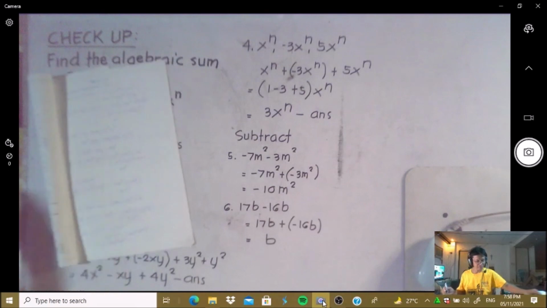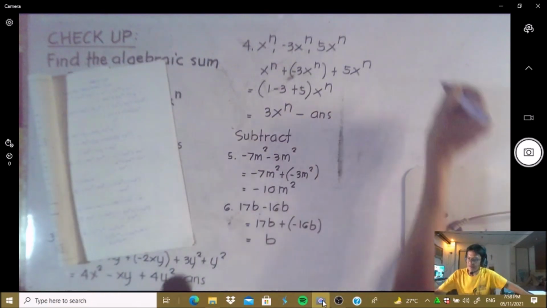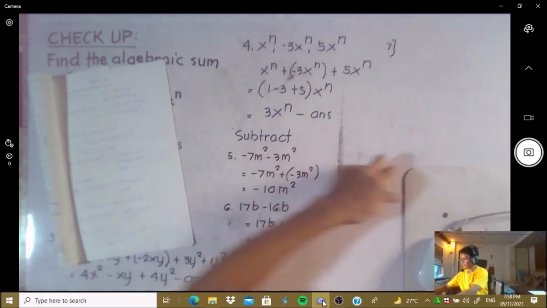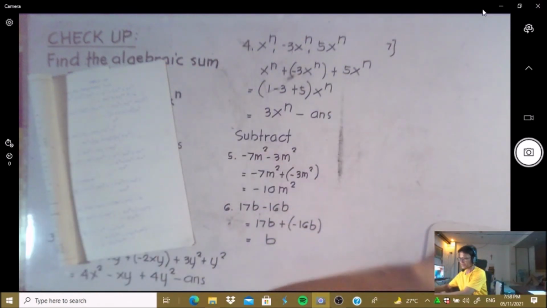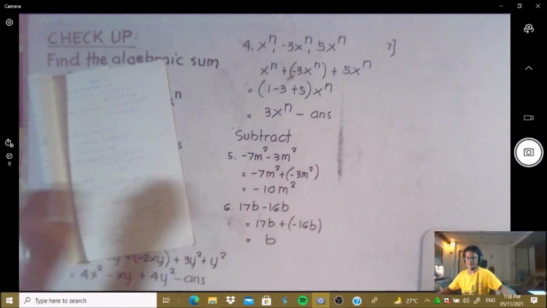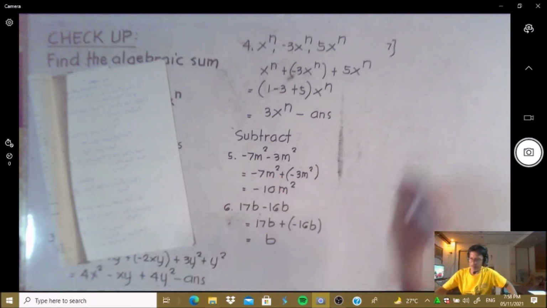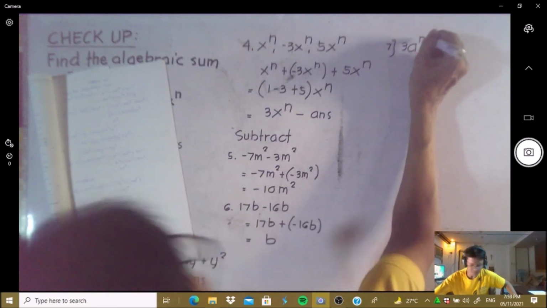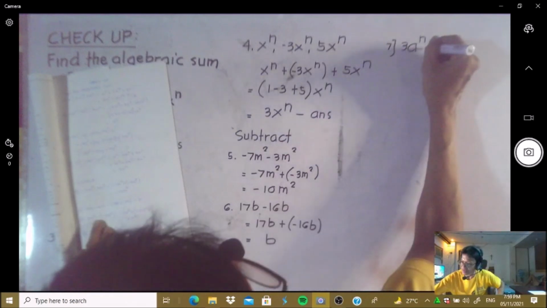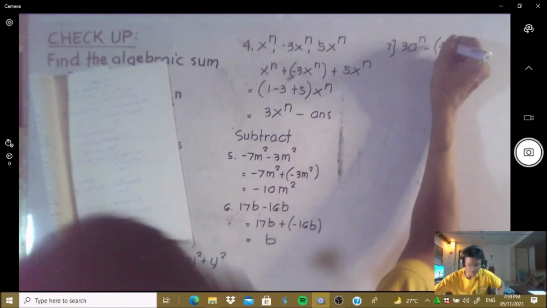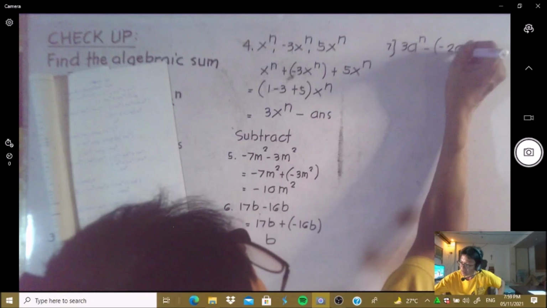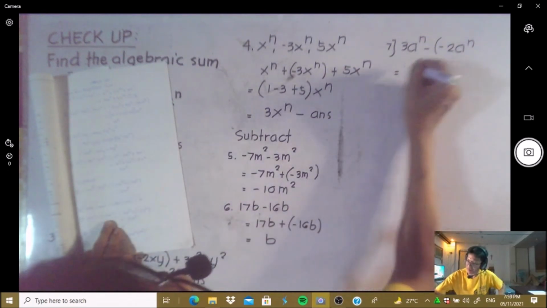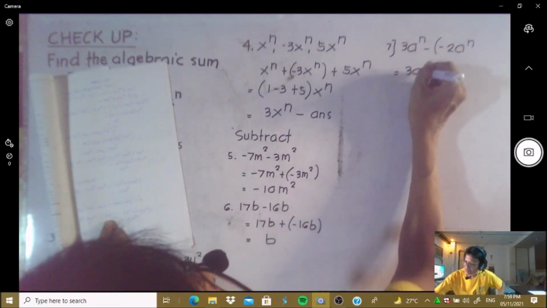Then we have number 7. Okay, for number 7, we have 3a raised to n minus negative 2a raised to n.